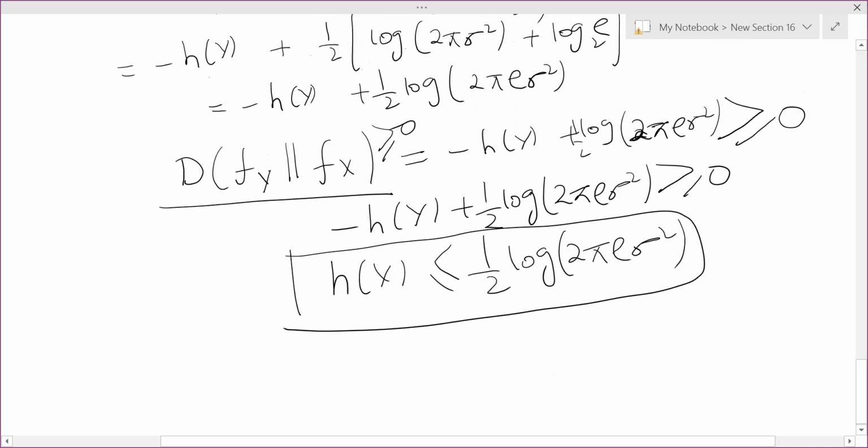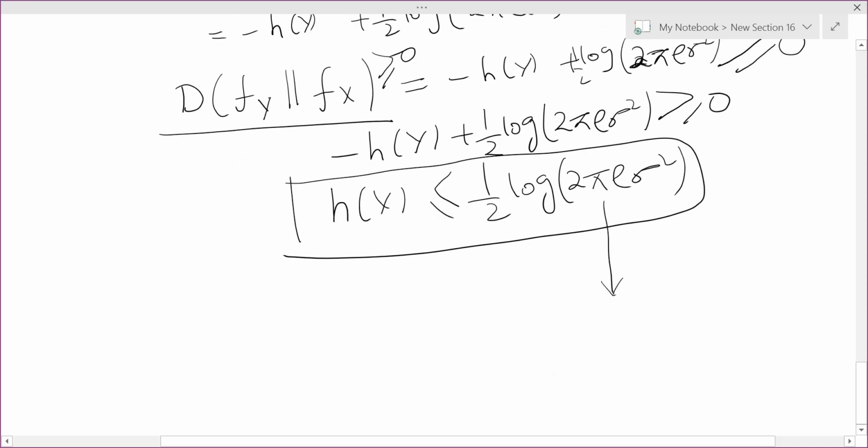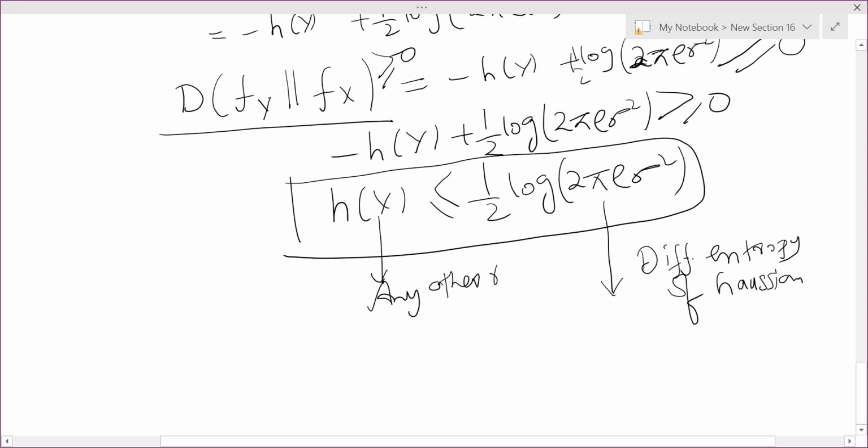What does it mean? See, the right hand side is the differential entropy of a Gaussian random variable, and y is any other random variable but with the same mean and variance, so y can have any distribution.